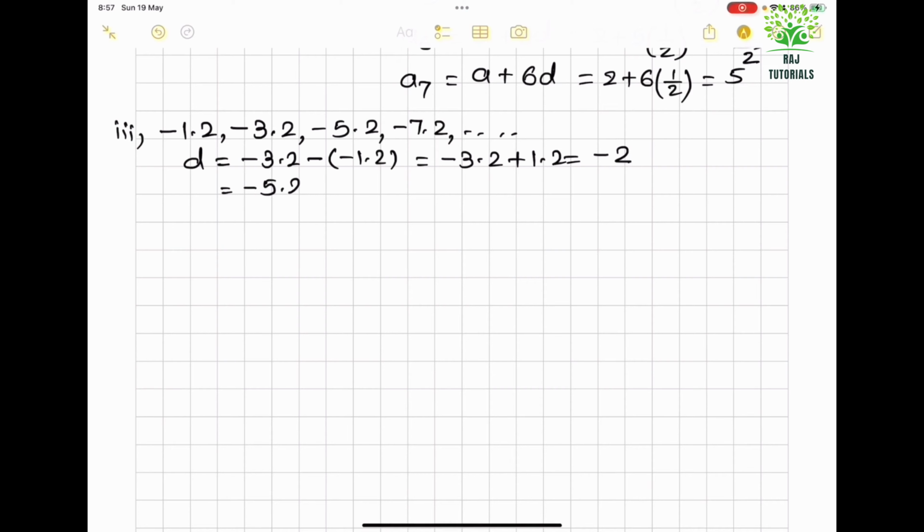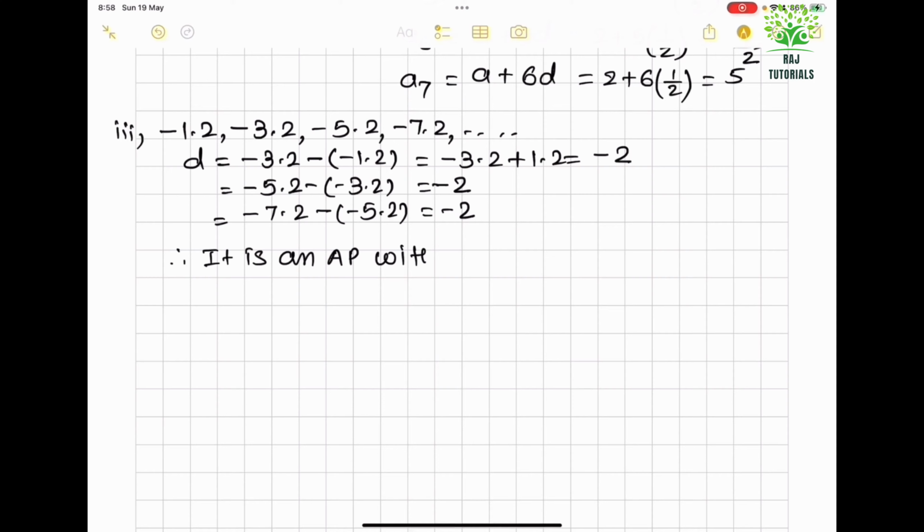Then minus 5.2 minus minus 3.2, minus 2. Then minus 7.2 minus minus 5.2. So that is also coming minus 2. Therefore it is an AP with D equal to minus 2.